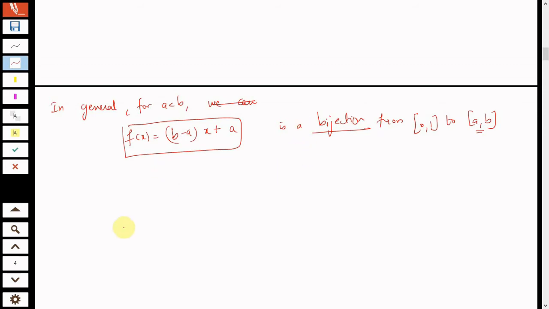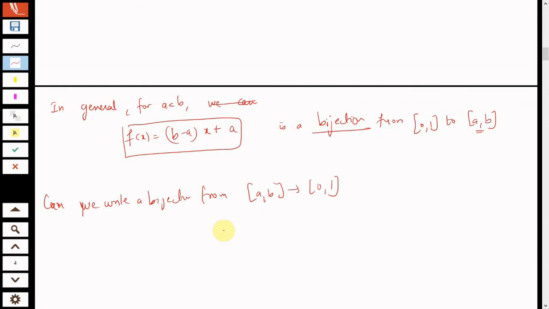Now how do we produce a bijection? Can we write a bijection in a reverse way from a, b to 0, 1? So you just reverse the process. Instead of stretching this by b minus a, you just compress it by b minus a. So you first compress it by b minus a.